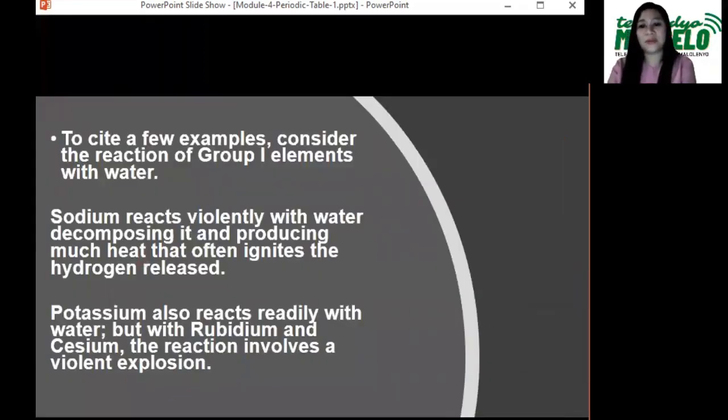To cite a few examples, consider the reaction of group 1 elements with water. Sodium reacts violently with water, decomposing it and producing so much heat that often ignites the hydrogen released. Potassium also reacts readily with water, but with rubidium and cesium, the reaction involves a violent explosion.